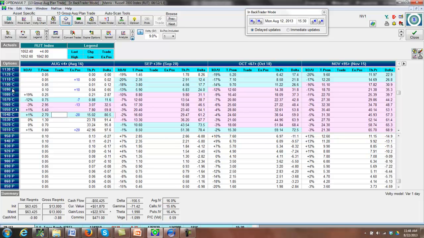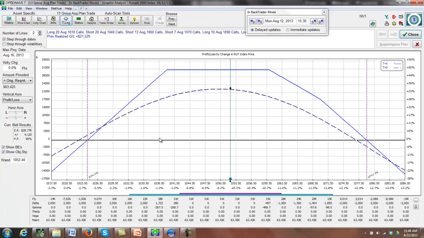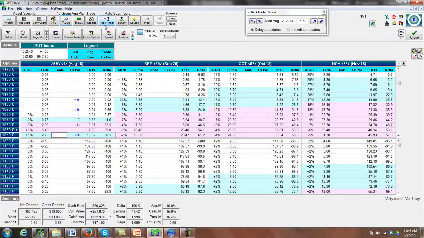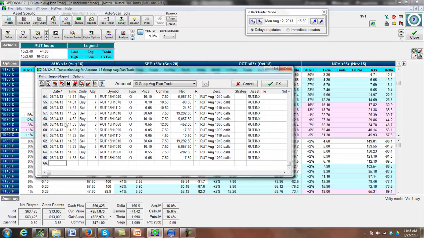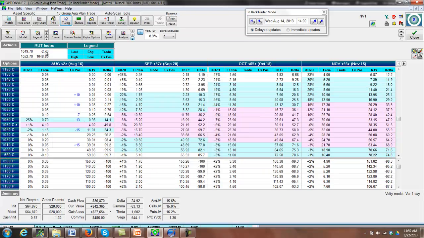We're long 10 1090s, long 1110s. If we look at an analyzed graph, it looks like this. We had to punch out the upper side of this to deal with a little bit of upward market movement that we were expecting.